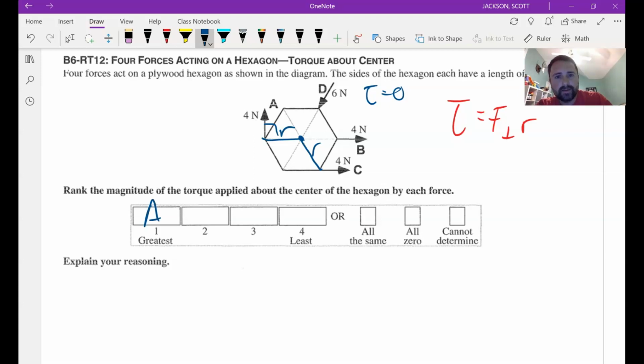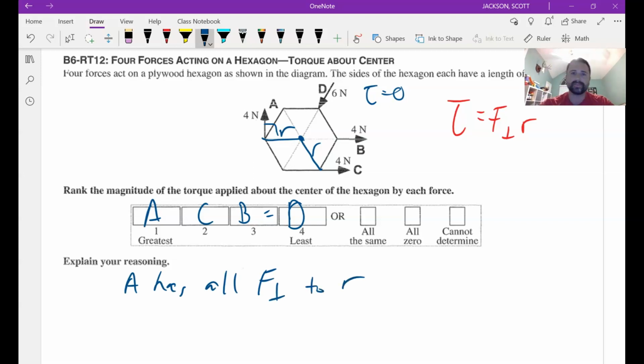So AC, B equals D. A is greater because A has all the force perpendicular to R. That'd be the big piece there. The other ones, D and B, are 0 that we would have there.